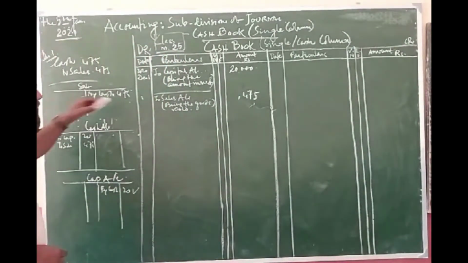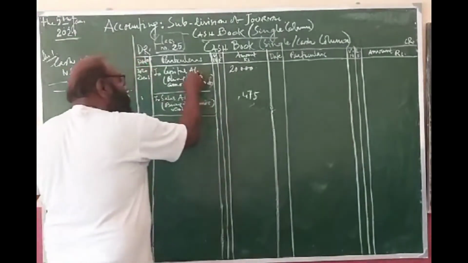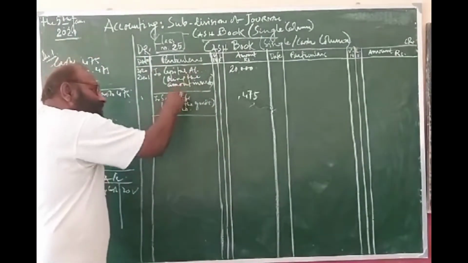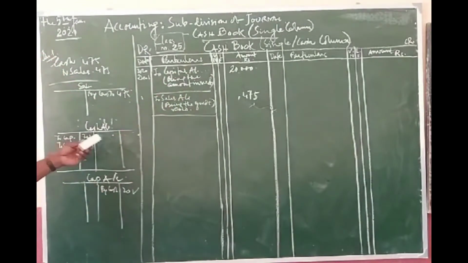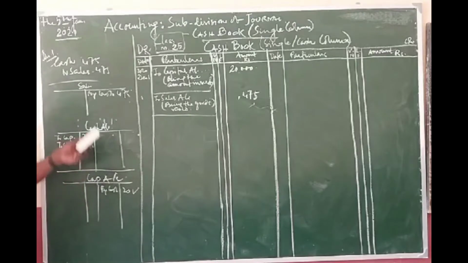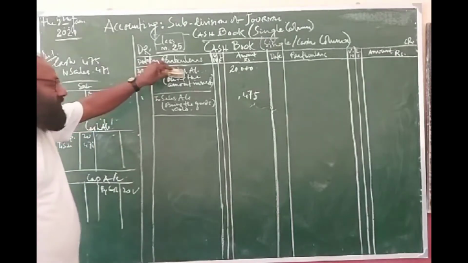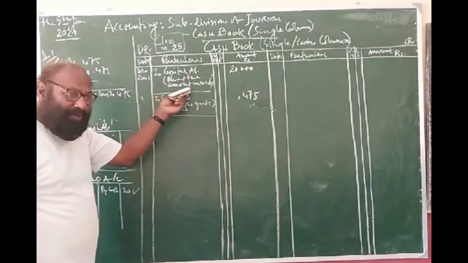Now you see, whenever you are writing one aspect of the transaction in the ledger, what do we do? In the ledger, we only record one part. In the journal, we give an addition. So this serves both the purpose of ledger and the purpose of journal.